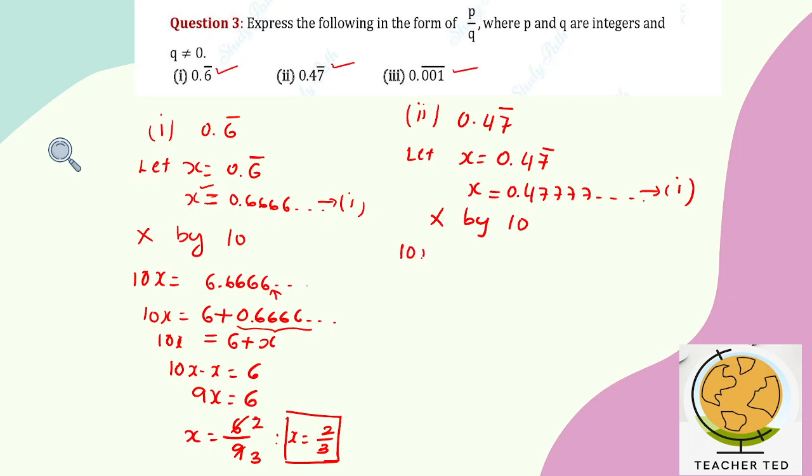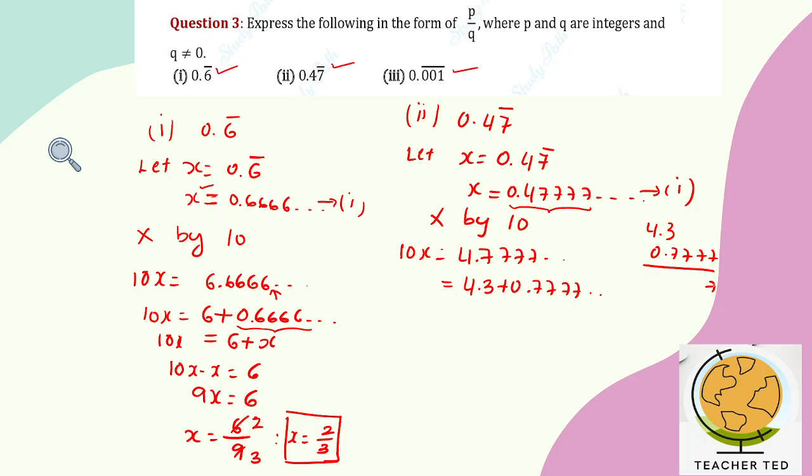It will become 10x is equal to 4.7777 etc. Now carefully observe, we want 0.477 to be split from this. For that you need to add 4.3 plus 0.7777.